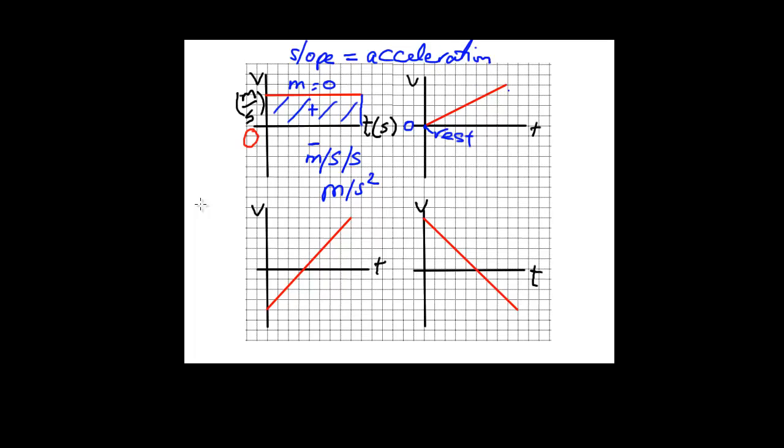If we had data points, we could plug in rise versus run, and we could get the actual value of the acceleration. But what I want to focus on here is that this is a positive slope, and that means you have a positive acceleration. But it's also a positive velocity because it's up here. And we've learned that if you have positive acceleration and positive velocity, you are speeding up. So this is an object that's getting faster and faster in the positive direction.